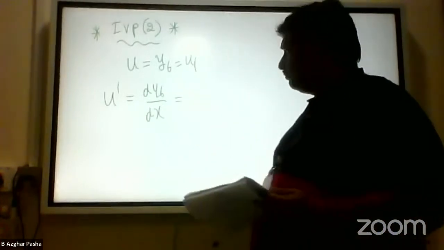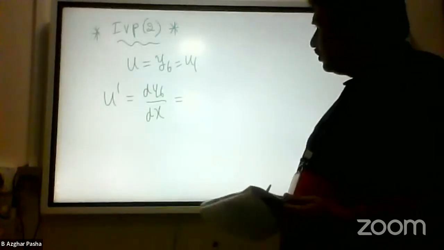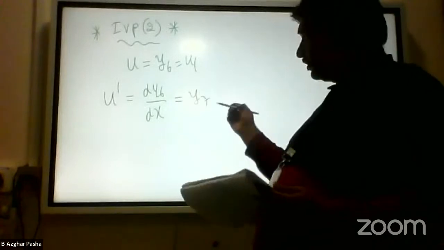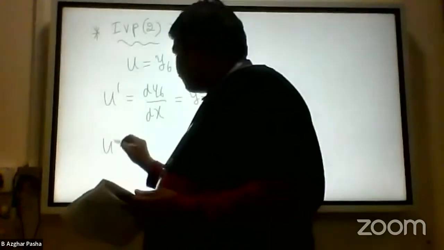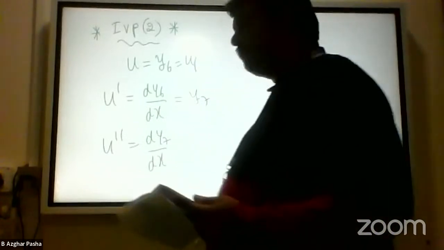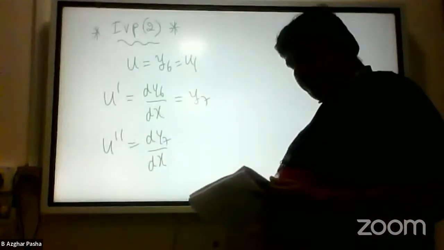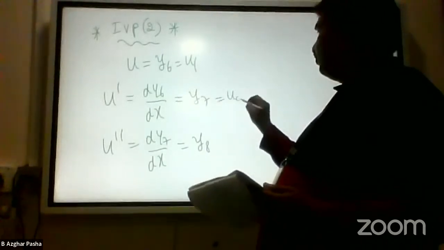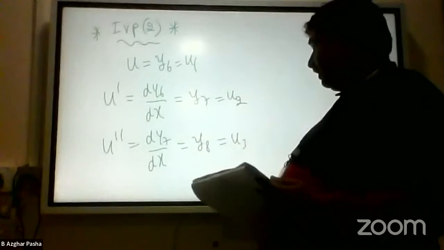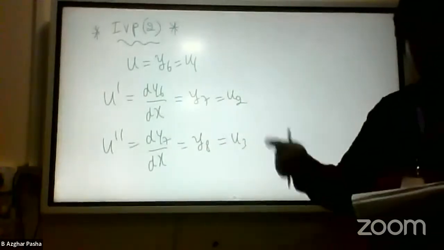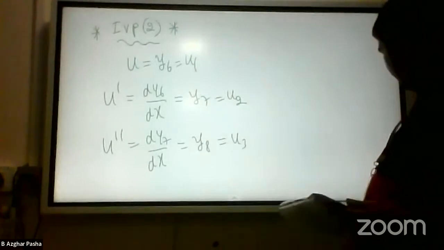That is equal to y7. Next, continuation. U double dash is the derivative of y7 with respect to x, dy7 with respect to x. Call it y8. In terms of u, it is u1, u2, u3. When it comes to the u third derivative, the counterpart of the f third derivative you have to write.